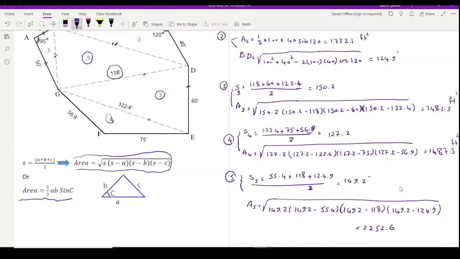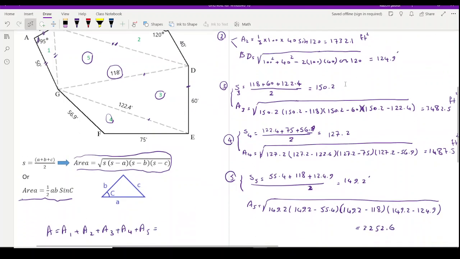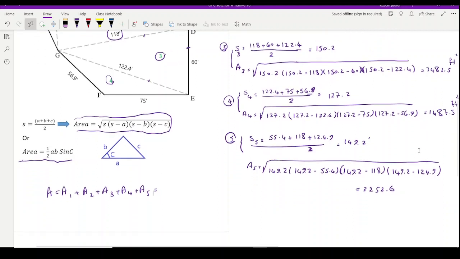And now that you have this, by adding area 1 plus area 2 plus area 3 plus area 4 plus area 5, you can calculate the total area that you are looking for. You have already calculated all the areas. So area 1 is 498.1, area 2 is 1732.1, area 3 is 3482.5, and areas 4 and 5 are also there.